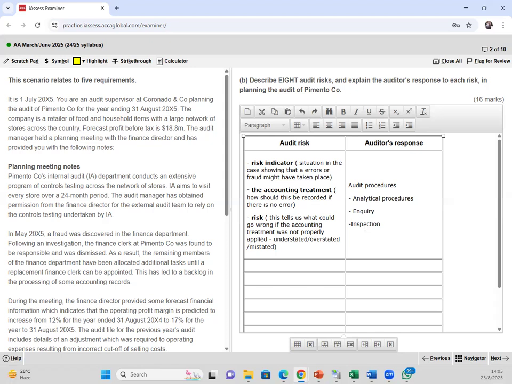Please, under inspection, we can use terms such as review. It's tempting, I know, to use the word check, but check is not allowed. It is not audit language.